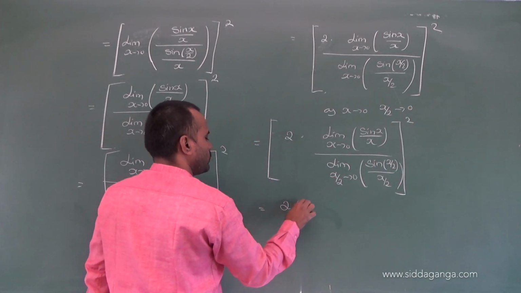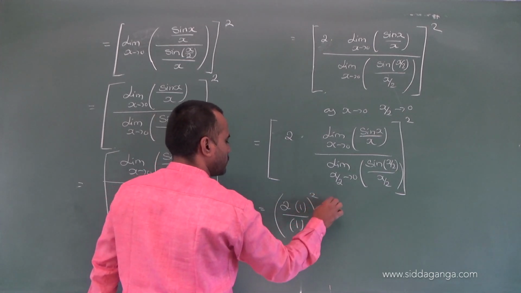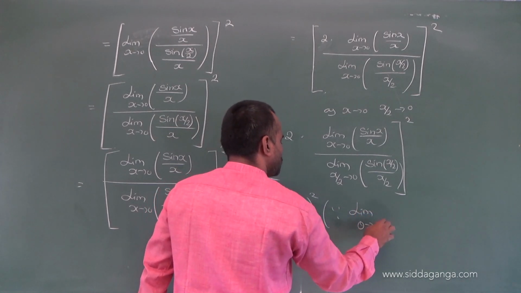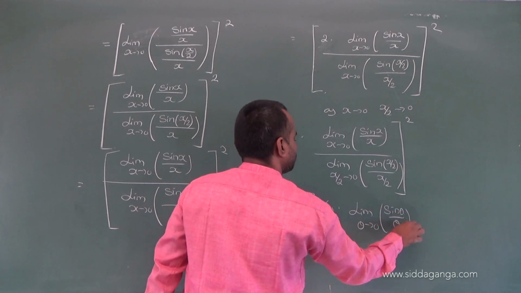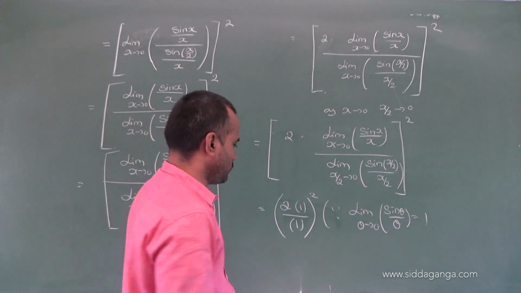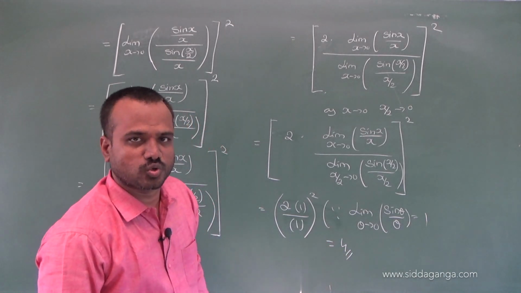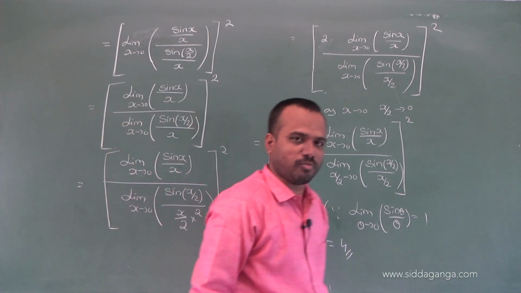That is 2 into (1 divided by 1) whole square. The reason: limit theta tends to 0, sin theta divided by theta is equal to 1. So the answer is 2 square. 2 square is 4.